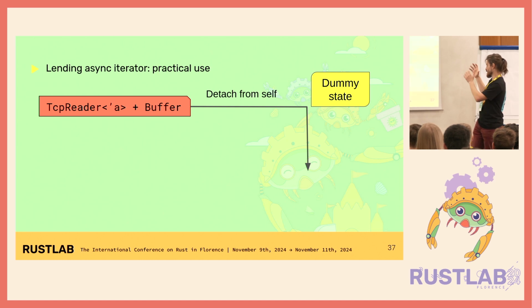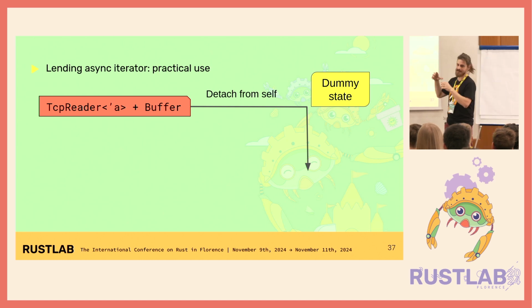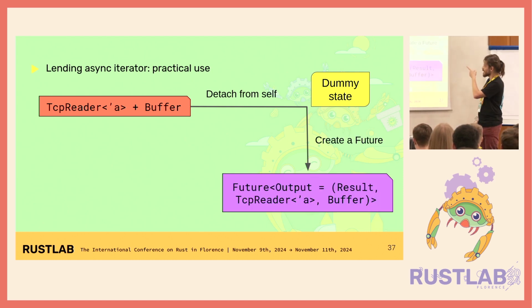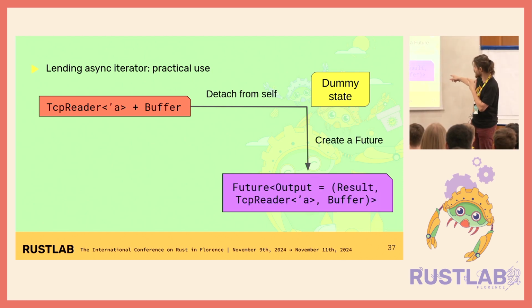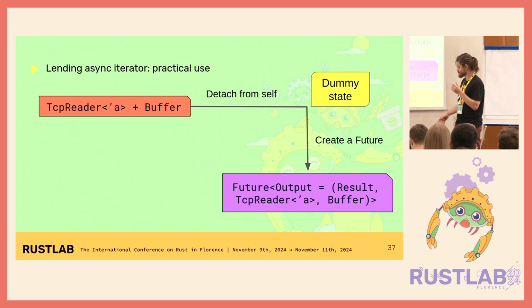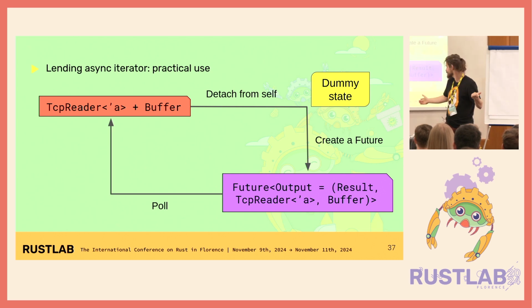So if we encapsulate the call inside an async block, we can then return the buffer, the TCP reader, and the number of bytes read. And at this point, we have a future that can be stored inside the state. And we have our third state of the machine. At this point, it's simple. We have the future. We can just poll it. Simple.